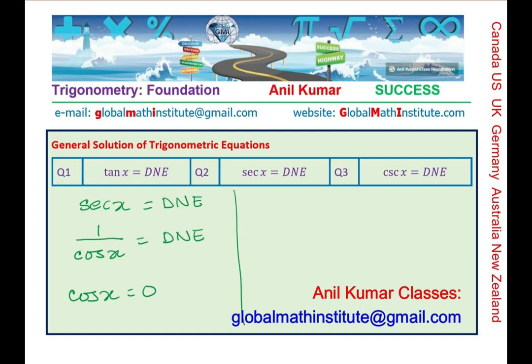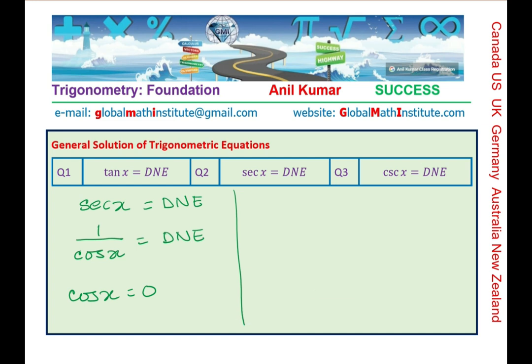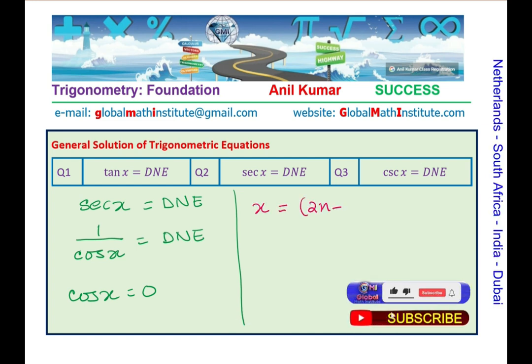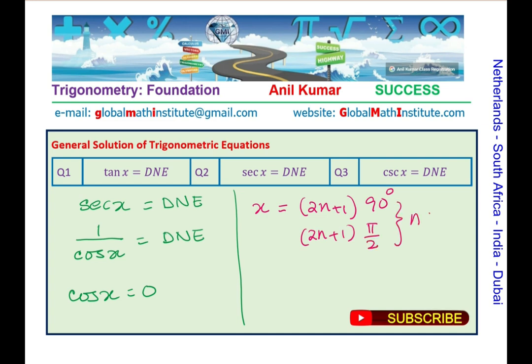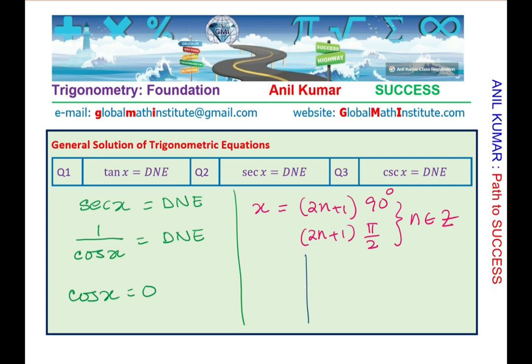So we have exactly the same answer here. We can say x equals odd multiples of 90 degrees, or it is 2n plus 1 times pi by 2, where n belongs to the set of integers. Is that clear to you?